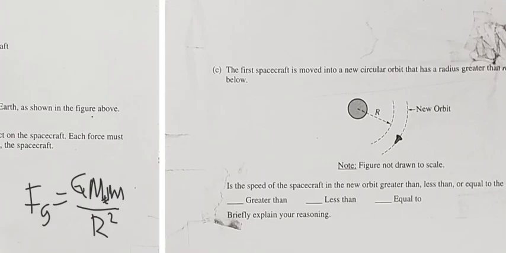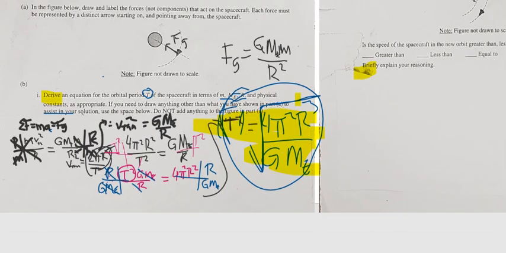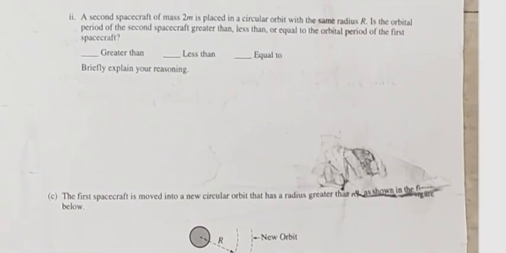So what I would do, let's go back over here. They're changing the mass of the spacecraft type object. If you notice, time period, you can't use highlighters on the test. I'm just doing this, it's kind of messy. So if you notice, time period has nothing to do with the mass of the spacecraft. Let's go back and look at that.